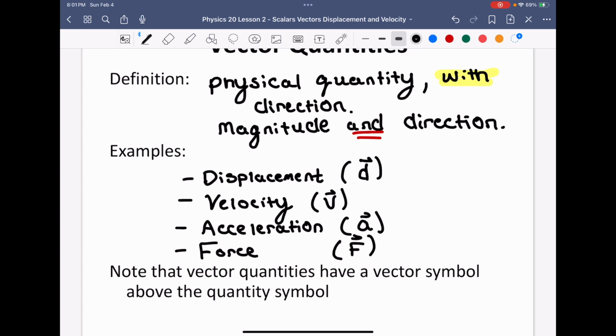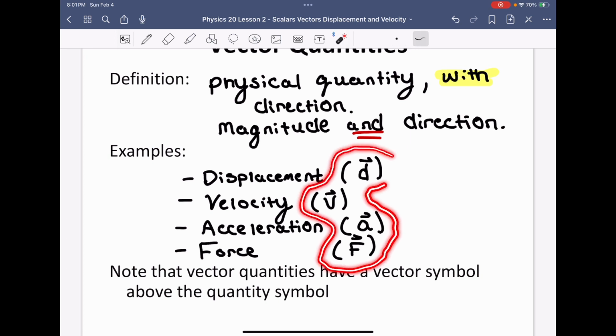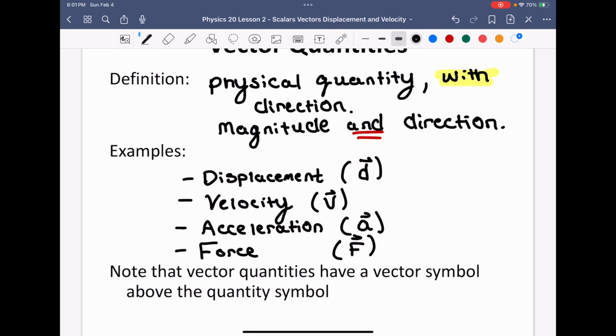Now, I want you to notice something special about these. When we looked at lesson 1, we talked about distance, speed, time, and those things all included the symbols d, v, and t, but they didn't include this special little symbol above here. What we want to define is that a vector quantity includes that symbol above, which we can call our vector quantity symbol or our directional symbol.